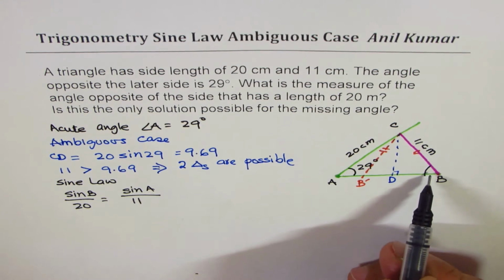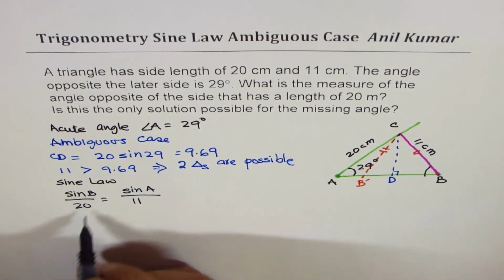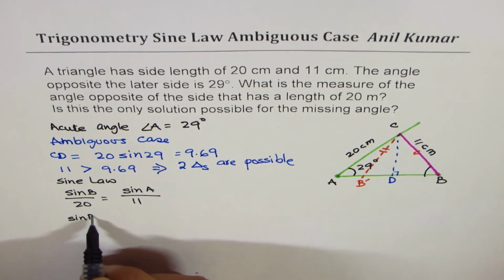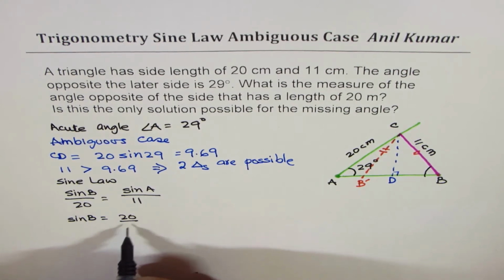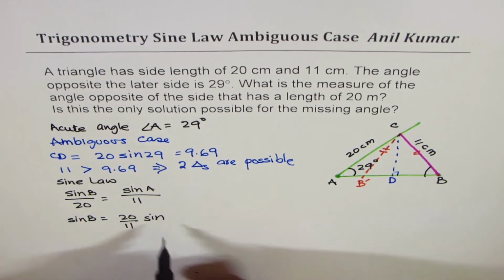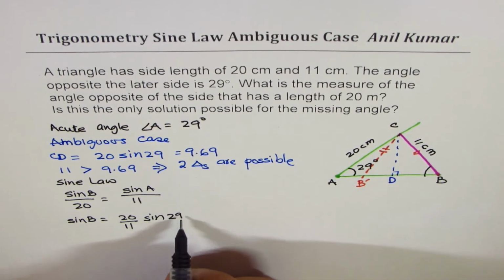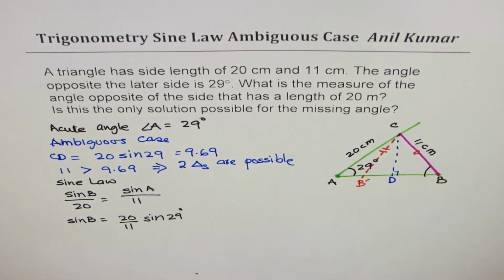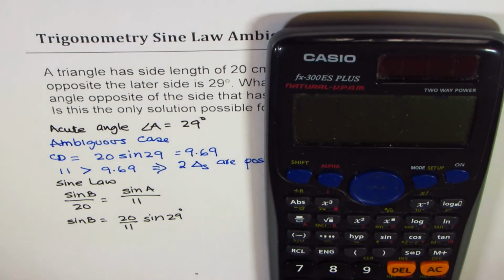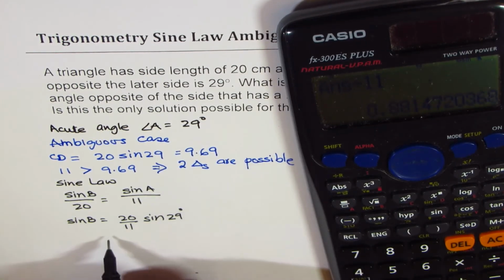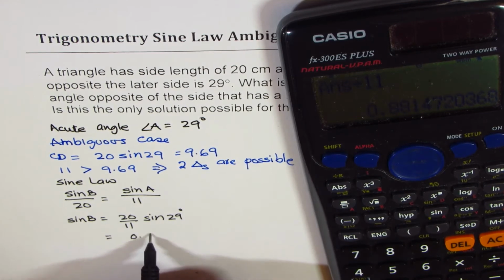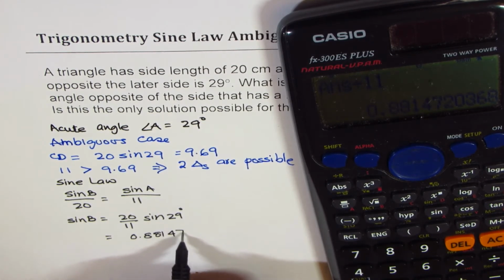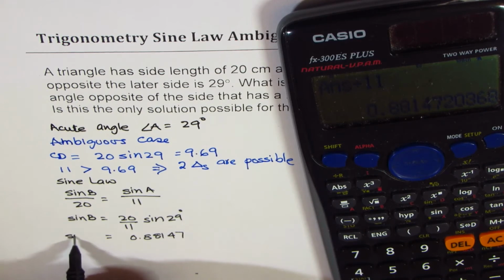So sine of B equals 20 over 11 times sine of angle A, which is given as 29 degrees. Let's calculate this: 20 times sine 29 divided by 11 equals 0.88147. So this is sine B.